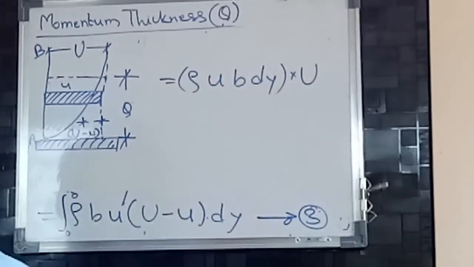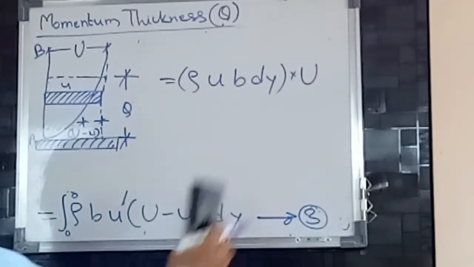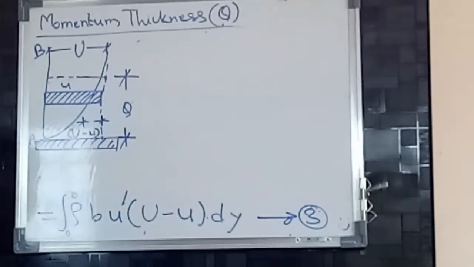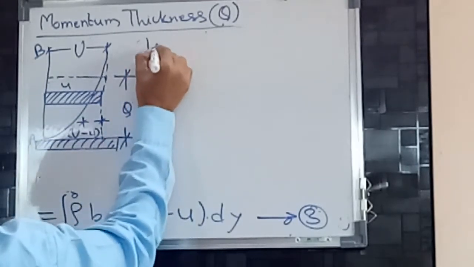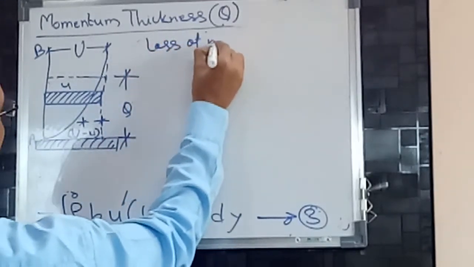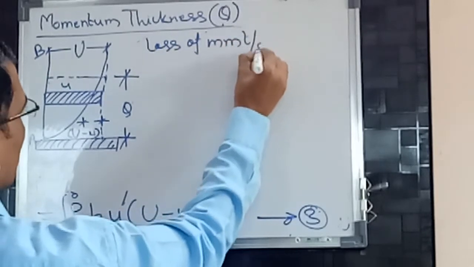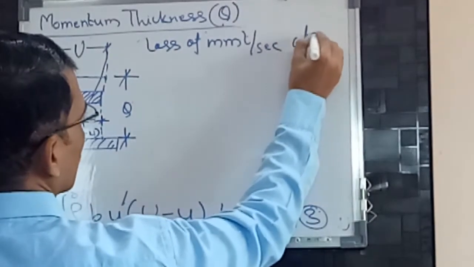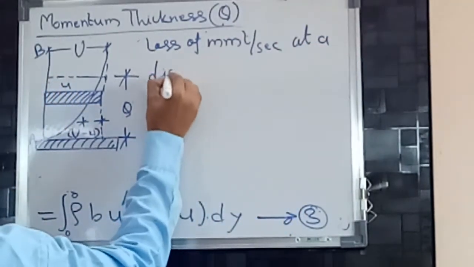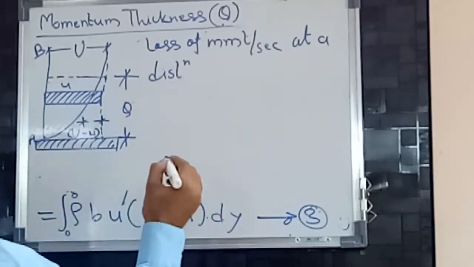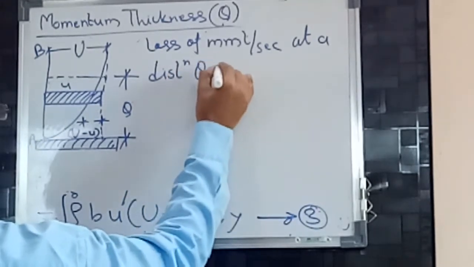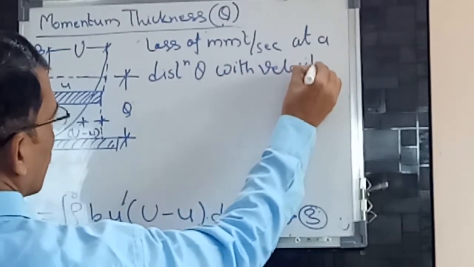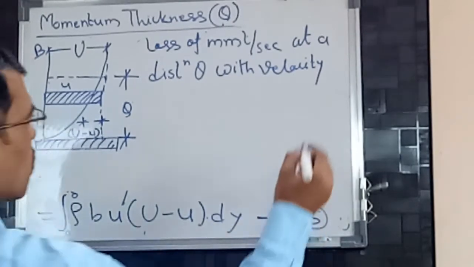We'll see. The loss of momentum per second at a distance theta with velocity U.